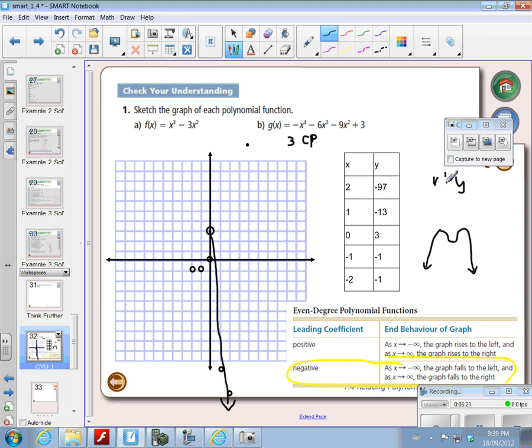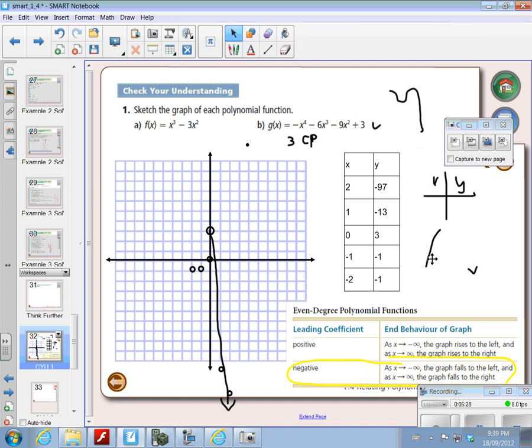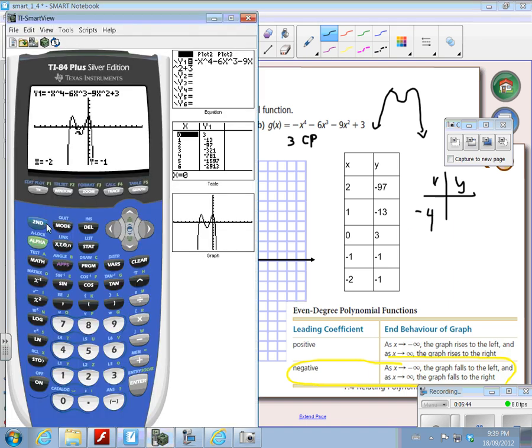X and Y. I'm going to move this curve out of the way here. Get out of here. Okay, that's my guess graph. So -4. Input -4.